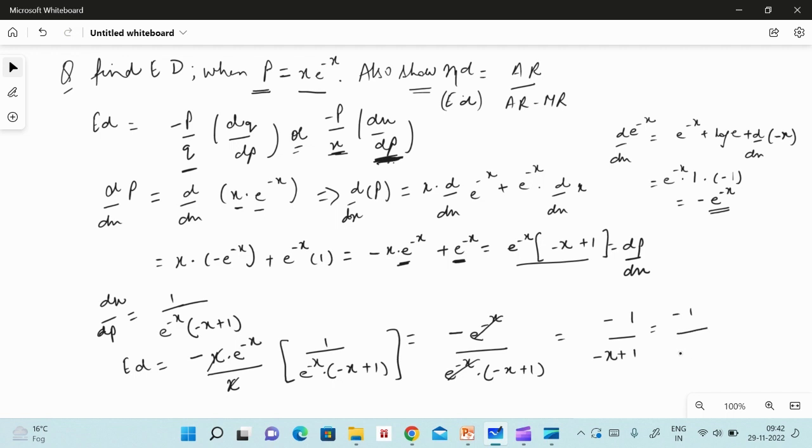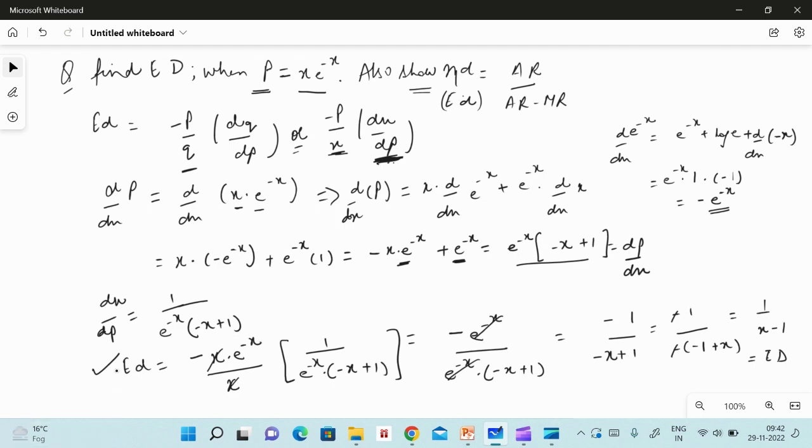Or if we take minus 1 as common from the denominator, I will get minus 1 upon minus 1 plus x, which is equal to 1 upon x minus 1, right? If I cancel this thing, so this is the value of elasticity of demand. So this is my first part which I have to prove.